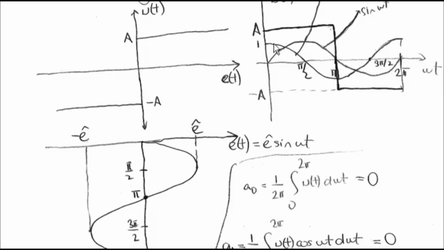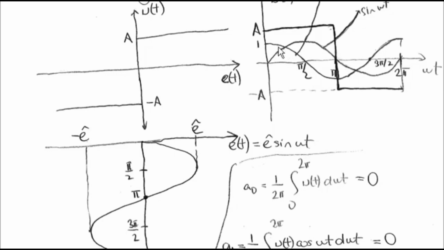But cosine is odd around the value pi over 2. So for each positive value here, there is going to be a negative value on the other side of pi over 2. Therefore, when I multiply these two functions between 0 and pi, I will get an odd function around the value pi over 2 here.